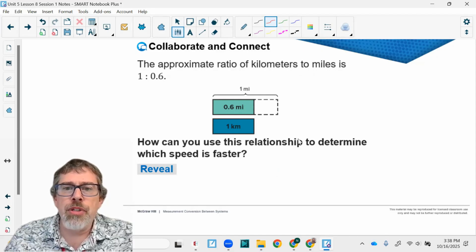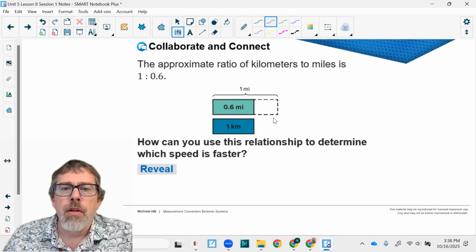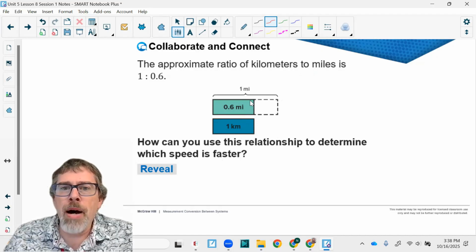And it says, how can you use this relationship to determine which speed is faster? Well, if 1 mile is more than a kilometer, and we are going 100 miles an hour, then we're going to be going more than 0.6 miles per hour times 100.